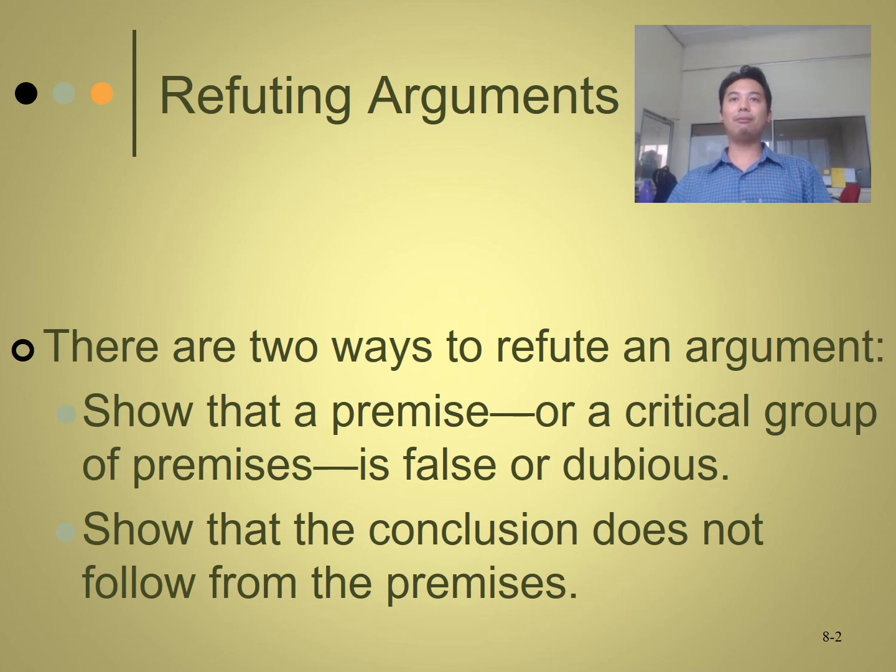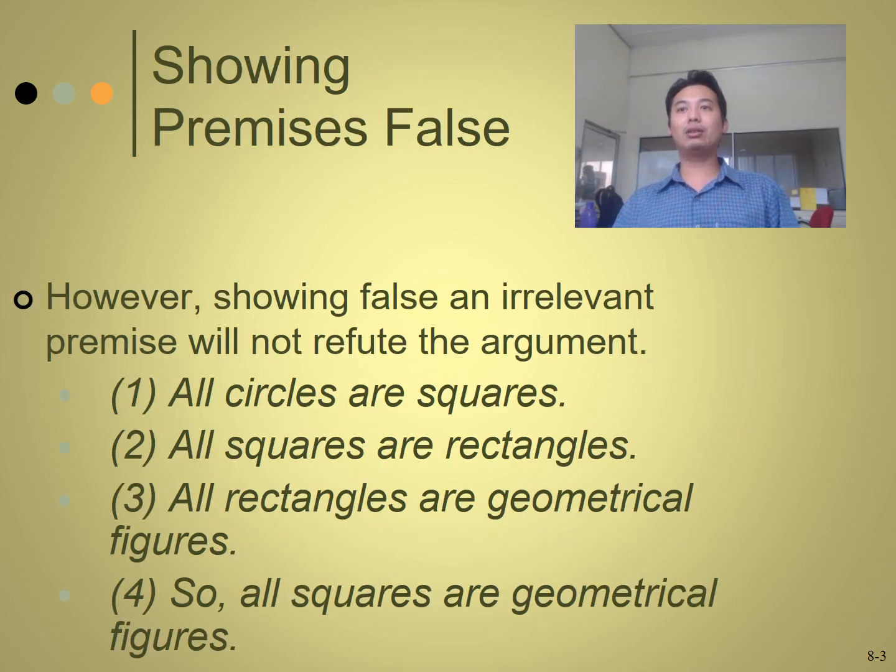So say for example you have more than one premise, then whatever we want to refute in order to make the argument look weak, we have to use what we call critical premises. Now, critical premises are premises which are considered critical in the construction of the premises to prove that the conclusion is true. I'll give you examples here of what is meant by a non-critical premise.